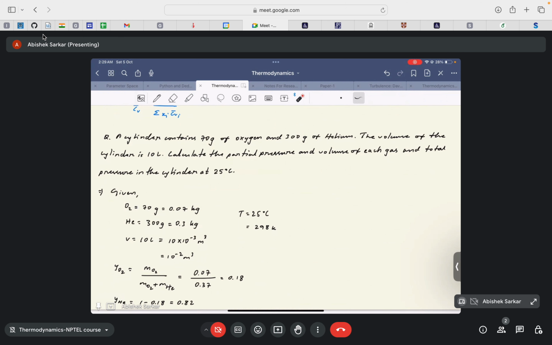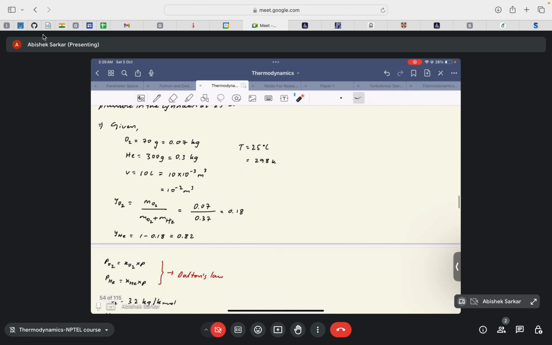It's wise to keep the units in a uniform system. Since we are dealing with SI units, it's good practice to use kg, meter cube and second, so that there is no confusion. The temperature is 298 Kelvin. We need to use the absolute temperature scale for evaluating properties in thermodynamics; it's just a general practice.